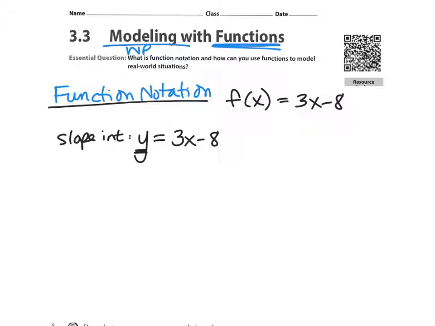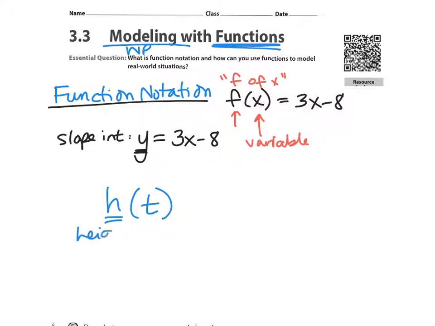One thing that you need to know is that this is said "f of x." And what it means is f stands for function, and of x is just telling you that this is the variable that they are going to use. So for instance, if you were trying to talk about someone's height over time, you might say h of t, which stands for their height in terms of time.